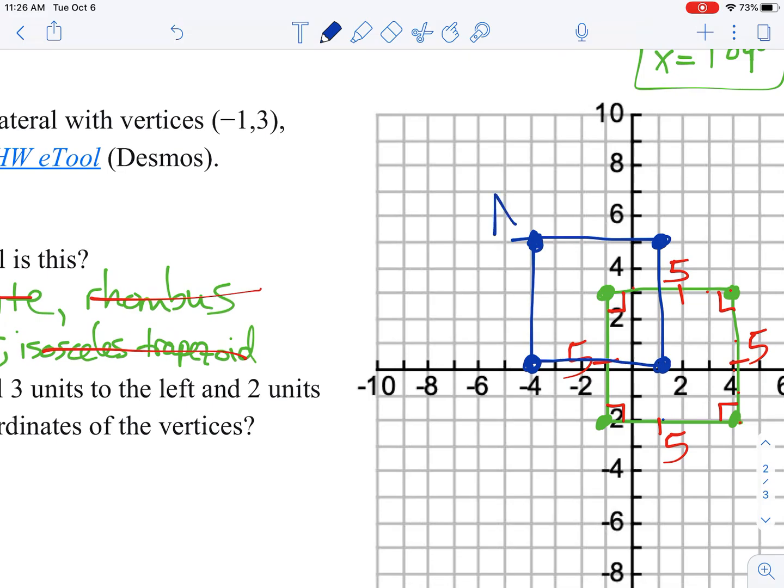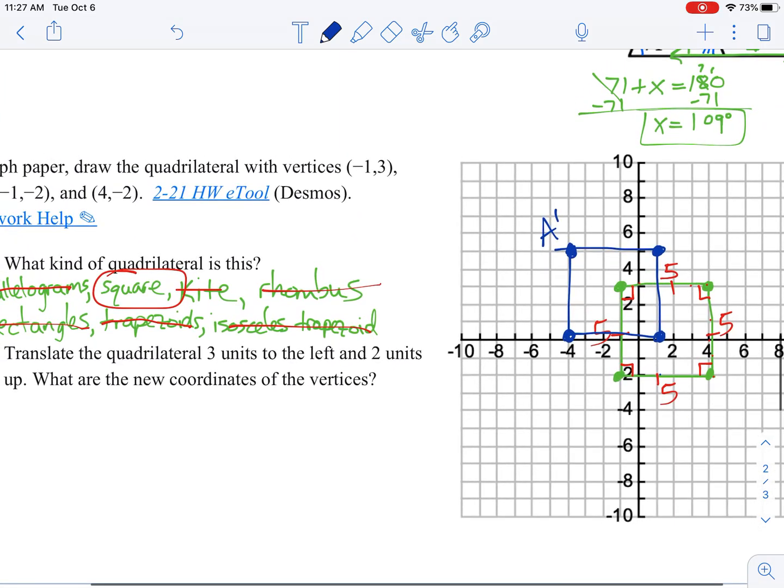So I'm going to start with, you know what, I'm going to label these A prime because that's the new point. So I'm going to say that that's at -4, 5. And then let's label this B prime. So B prime is going to be at 1, 5.